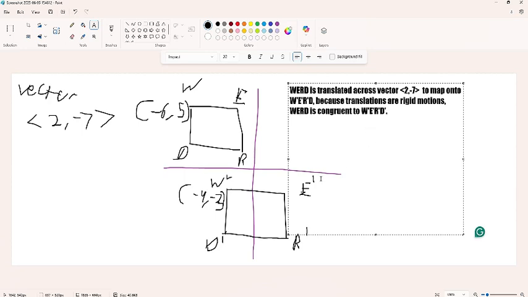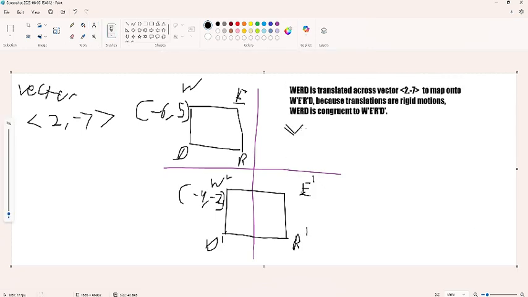What changed when we went on the coordinate grid? We now have coordinates, and so we can use a vector with numbers to prove congruence instead of a vector like WW prime.